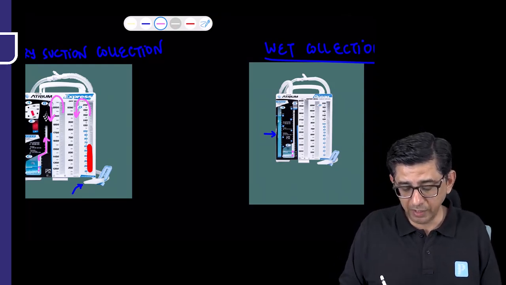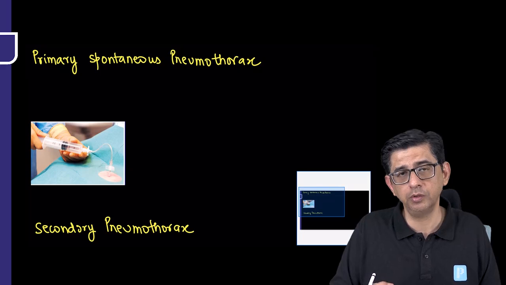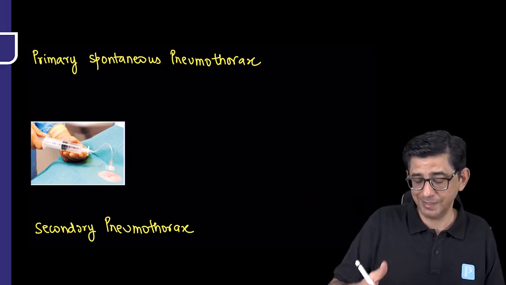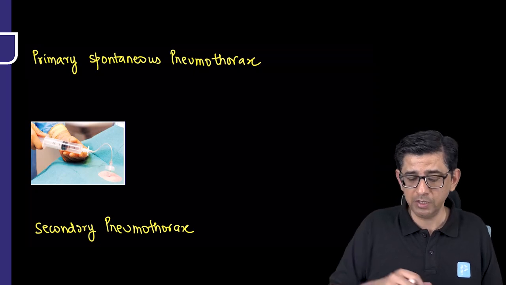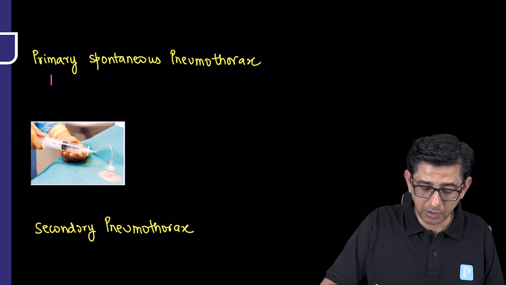Next, we'll focus on certain definitions after the devices, and that is, he can talk about spontaneous pneumothorax, or he can talk about primary versus secondary pneumothorax. When I say primary spontaneous pneumothorax, primary basically means that there is no defective lung tissue in this case.